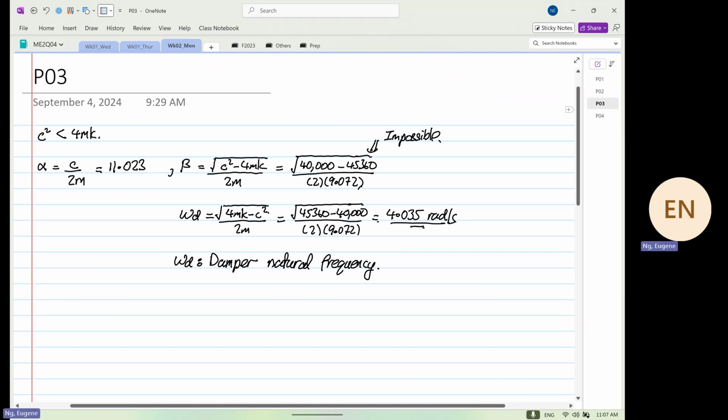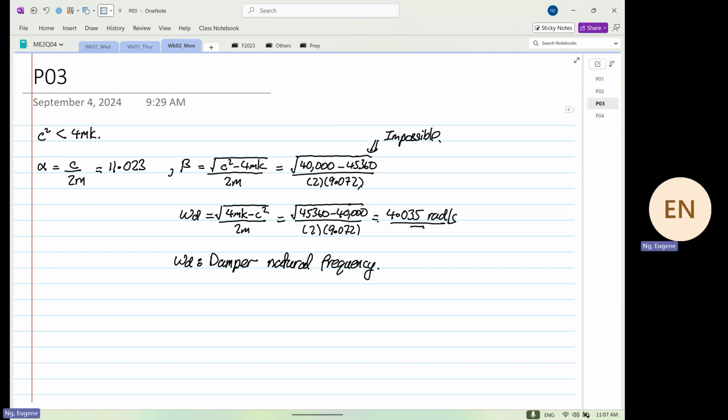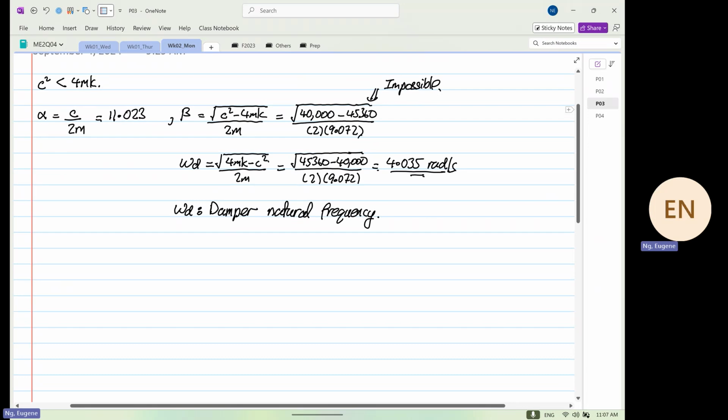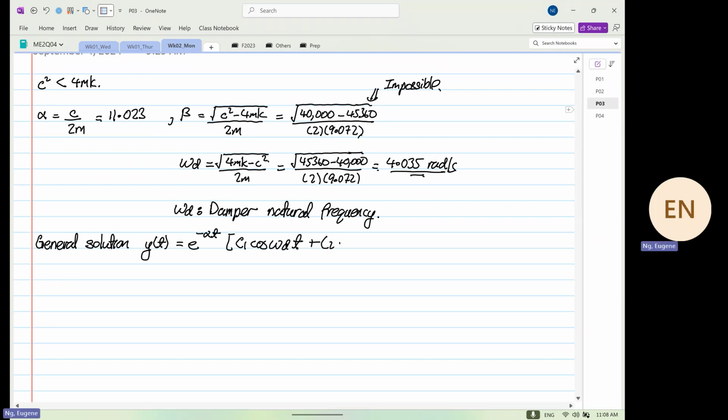So we proceed by solving. We know that our general solution, y as a function of time, will be equal to e to the minus alpha t, times C1 cos omega d t plus C2 sine omega d t.